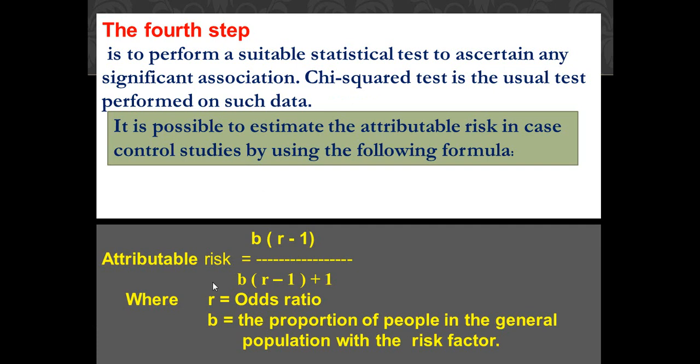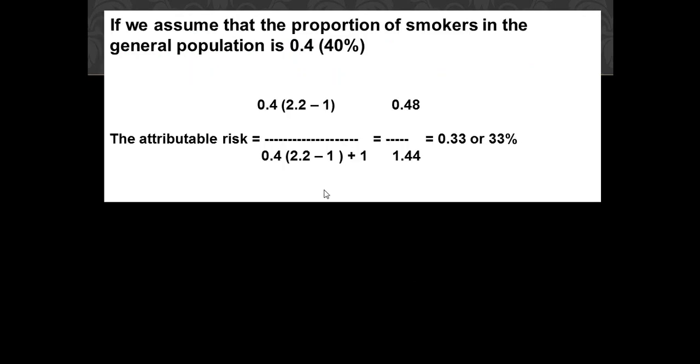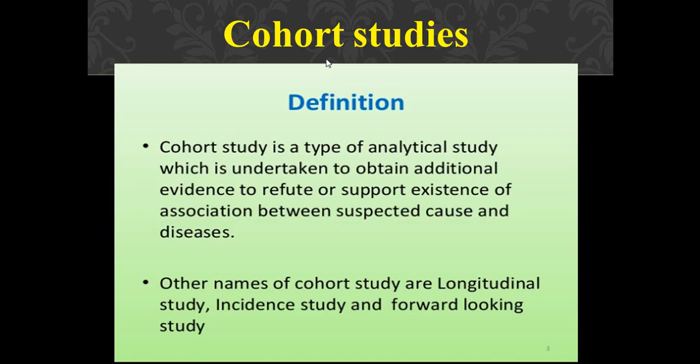Here, attributable risk is equal to B, which is the proportion of people in the general population with a risk factor, multiplied by R minus 1, which is the odds ratio minus 1, over B multiplied by R minus 1, plus 1. And the result here was 0.33 or 33%, assuming that the proportion of smokers was 0.4 or 40%.